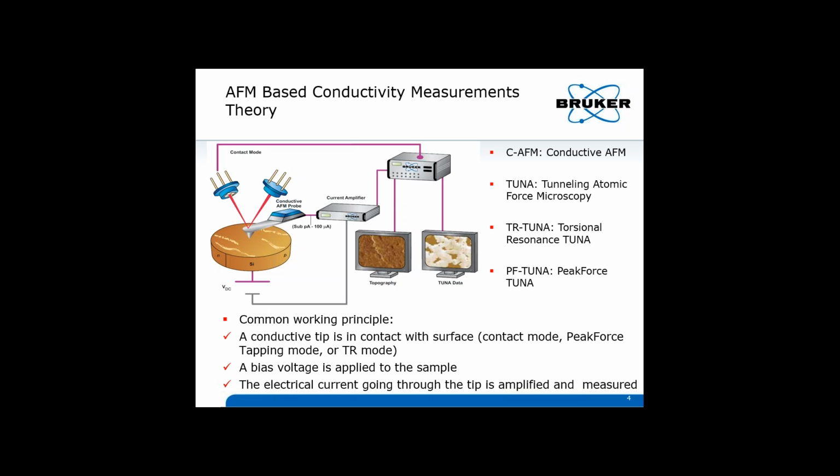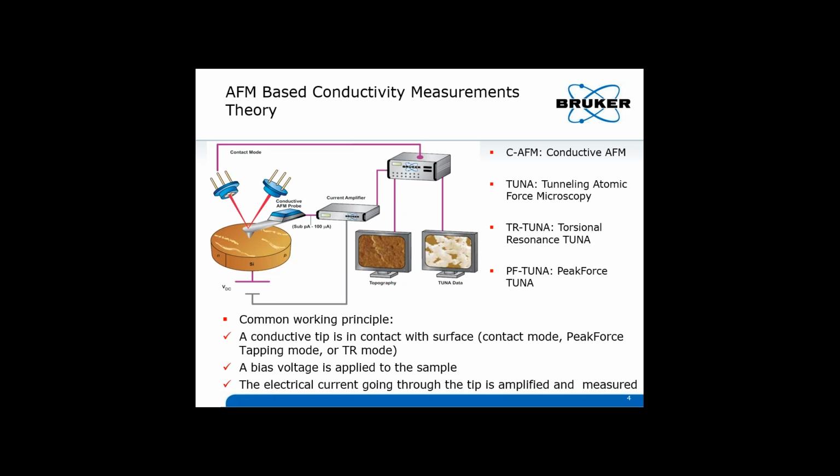CAFM is usually used for highly conductive samples, and the current range is usually from 1 picoamp to 1 microamp. TUNA is usually used for high resistance samples, and the current range is from 80 femtoamp to 120 picoamp. For TR-TUNA and PF-TUNA, we will cover them later on.